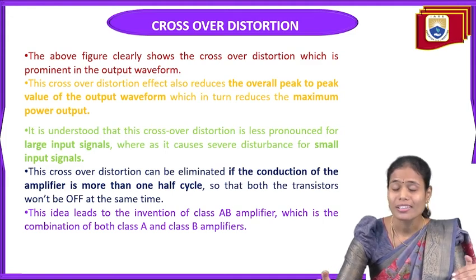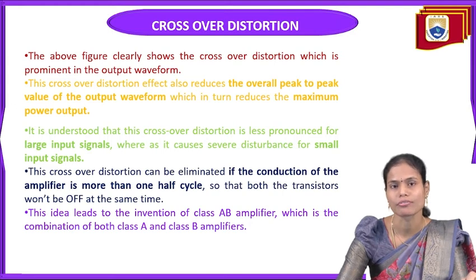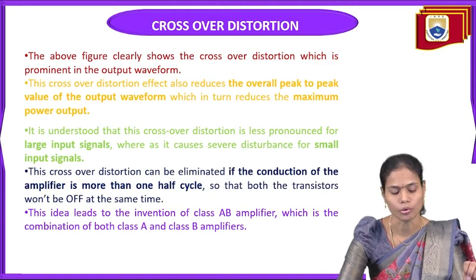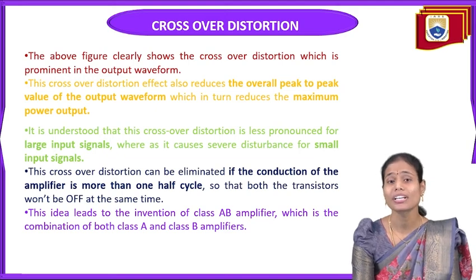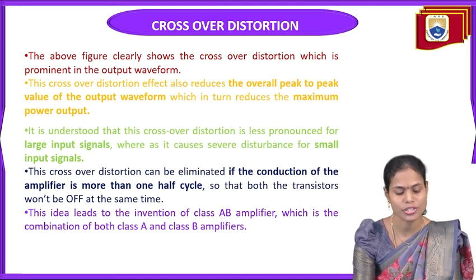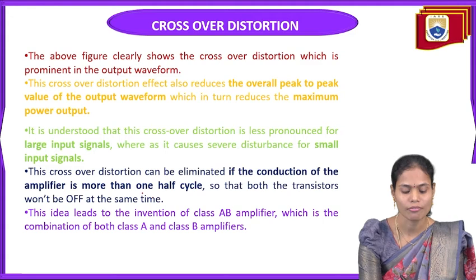In order to maintain less crossover distortion, we have to provide a large signal as the input to the amplifier. If you provide a small signal, the crossover distortion will be more. The crossover distortion can be eliminated if the conduction period of the transistor is more than half a cycle.